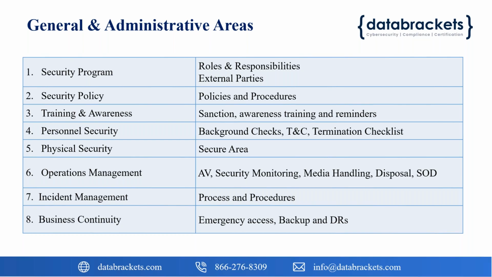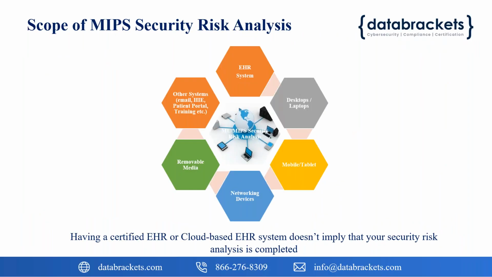The way we cover this as part of our security risk analysis is we take 6 major areas: your EHR system, your desktop and laptops, your mobile devices, and your networking. And if you have any removable media, those are some of the areas.